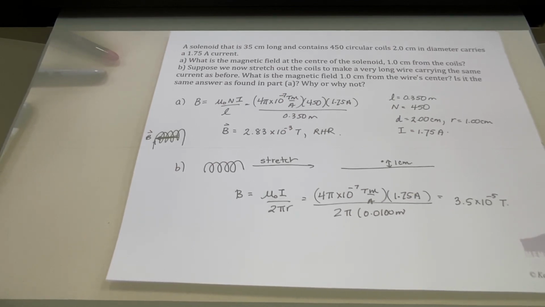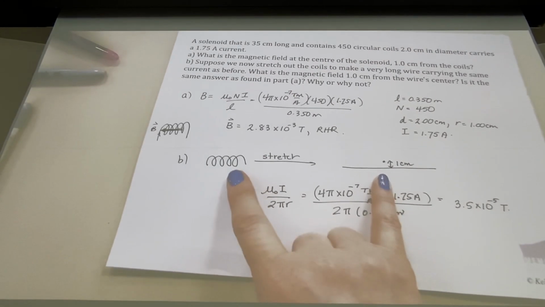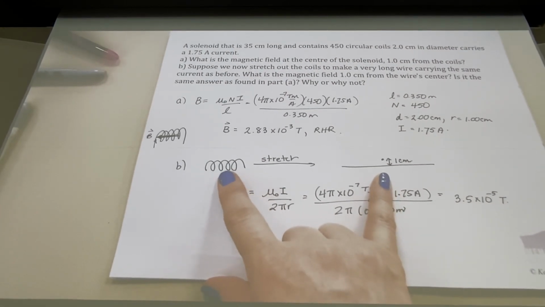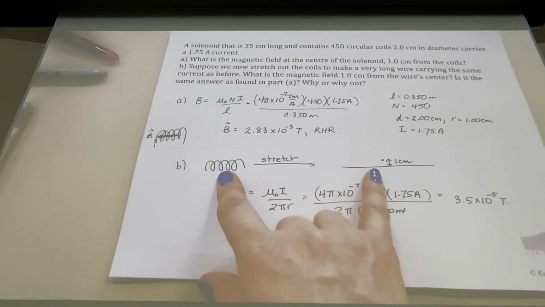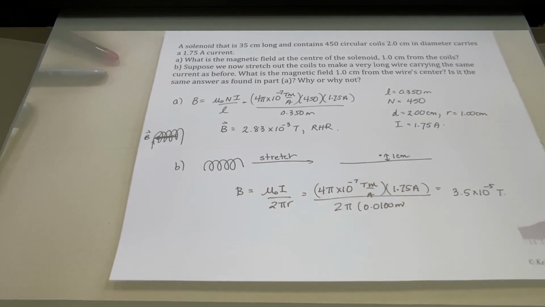Do we get the same answer as A? Definitely not. Why or why not? Well, we shouldn't possibly get the same answer, right? It's not the same thing. A bunch of wires tightly packed in a coil is just different than one long straight wire. So it makes sense not to get the same answer because they're different things.